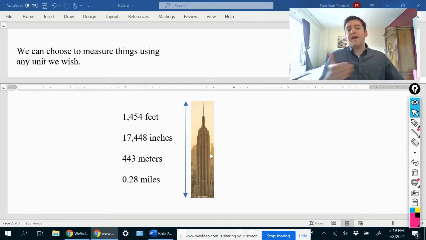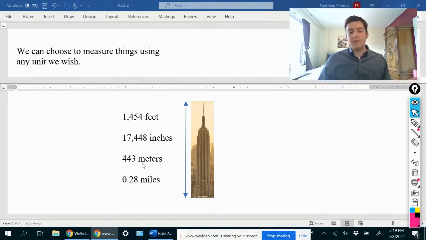All right, but we don't have to measure height in feet. We could also choose inches. Inches are 12 times smaller than feet, and therefore it would take 12 times more of them to get to the top of the Empire State Building, or whatever it was we were measuring. So if we were measuring the height of the Empire State Building in inches, we would say that the height is 17,448 inches.